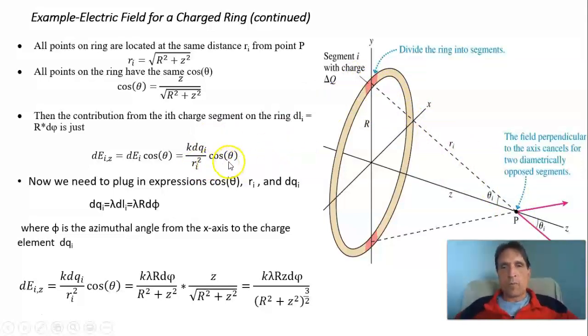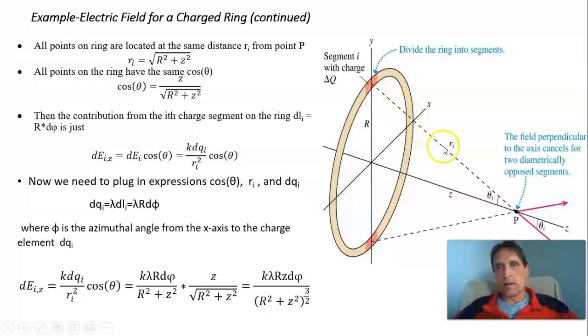And then that's multiplied by cosine of theta because we're trying to find the z component. We know that the x and the y components are 0 due to symmetry. So this is what we're trying to solve. Once again, we luck out because all of the points on the ring are the same distance ri from point P, and that's given by r squared plus z squared to the 1/2.